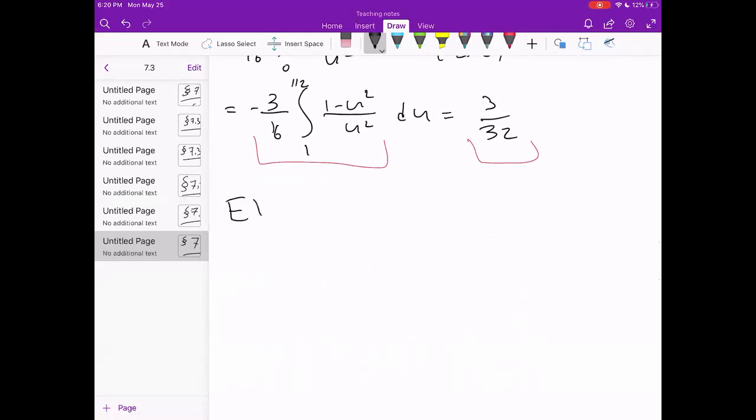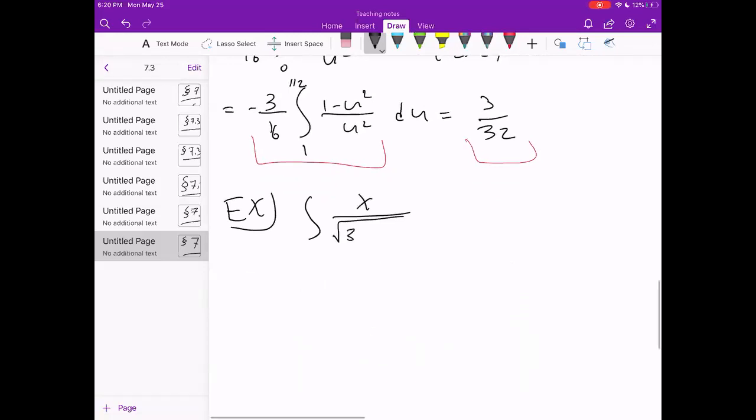Let's move on to this last example. This is a really good problem to know how to do. So we have the integral x over square root of 3 minus 2x minus x squared dx.